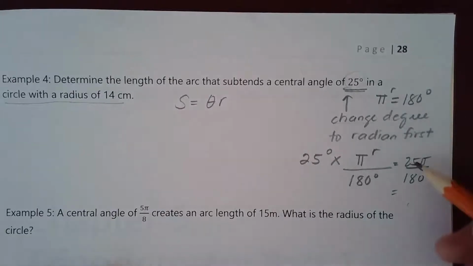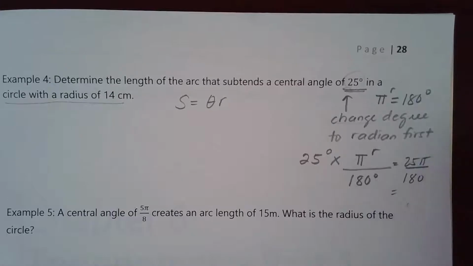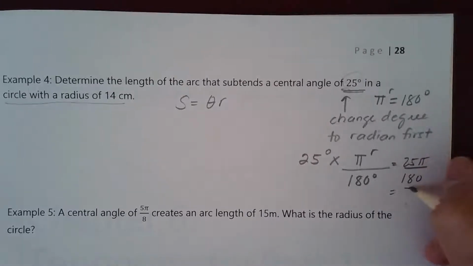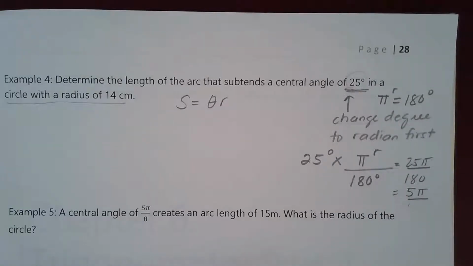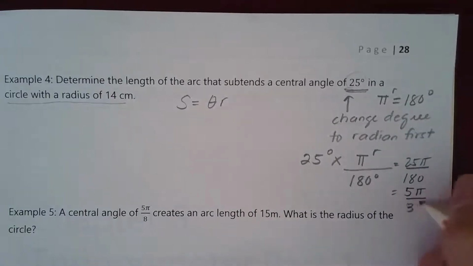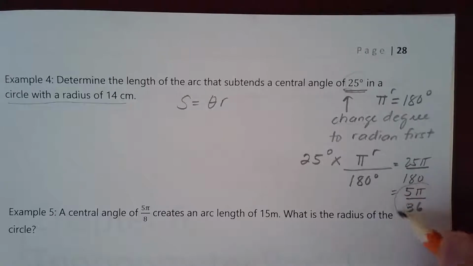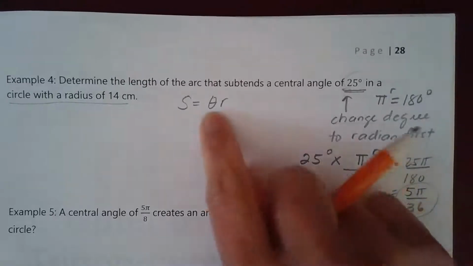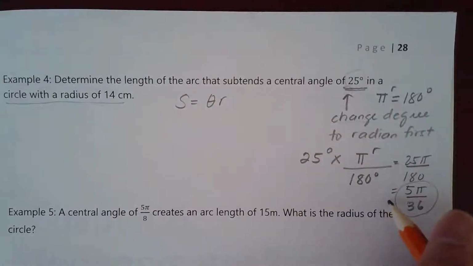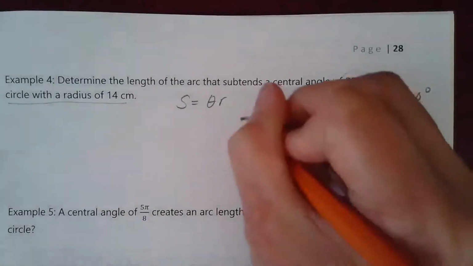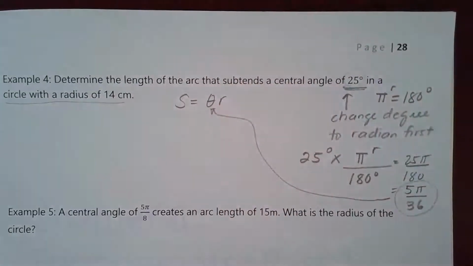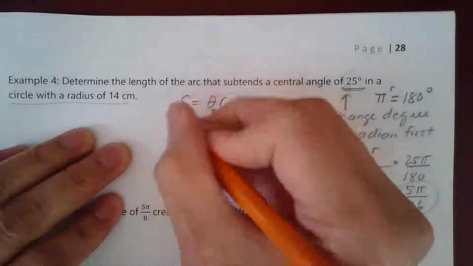We could divide both numerator and denominator by 5. So that becomes 5 pi over 180 divided by 5, which is 36. So this is what we're going to be using for theta right there.